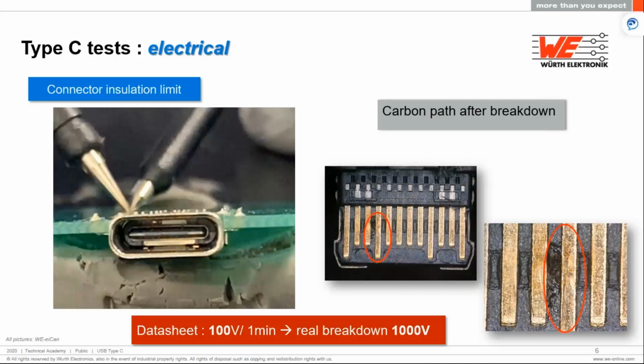If we keep on continuing to give 1000 volts to the connector, we'll see such meltdowns and such carbon traces between the adjacent contacts. Usually these traces are very small and hard to see with the naked eye. The material used here is not at all flammable, but of course it is not recommended to use your connector beyond its breakdown point.